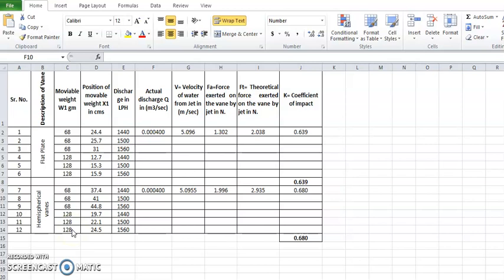In this experiment, the very first experimental observation is given, and you can see there are 4 observations we have noted down. One is the movable weight, another is the rotameter reading, and third one is distance of movable weight from the hinge point.